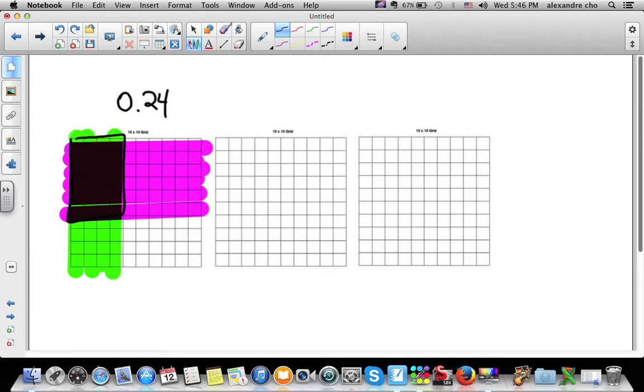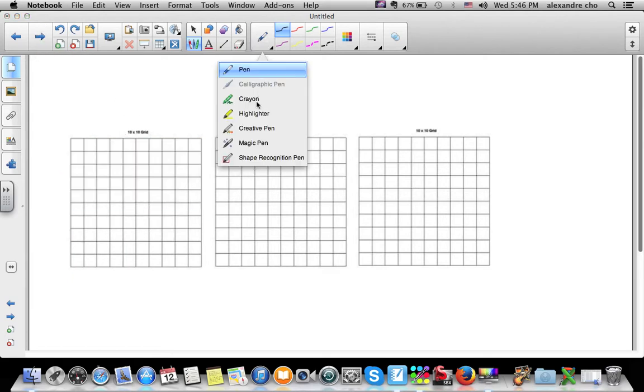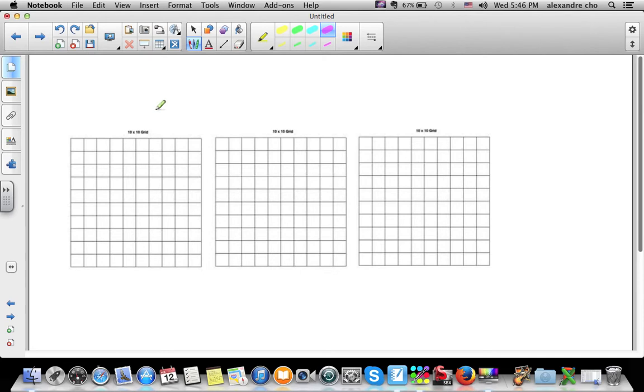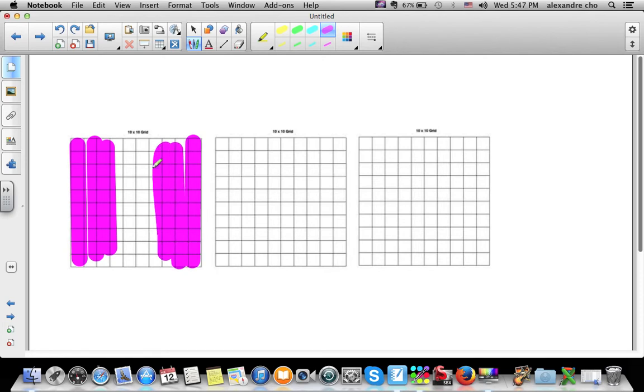Okay, so let's go back to that. And let's do the first one. It's 2.1 divided by 0.7. So 2.1, let's choose that color. 2.1 means 2 full squares. Guess we're using pink. Bear with me. 2.1.